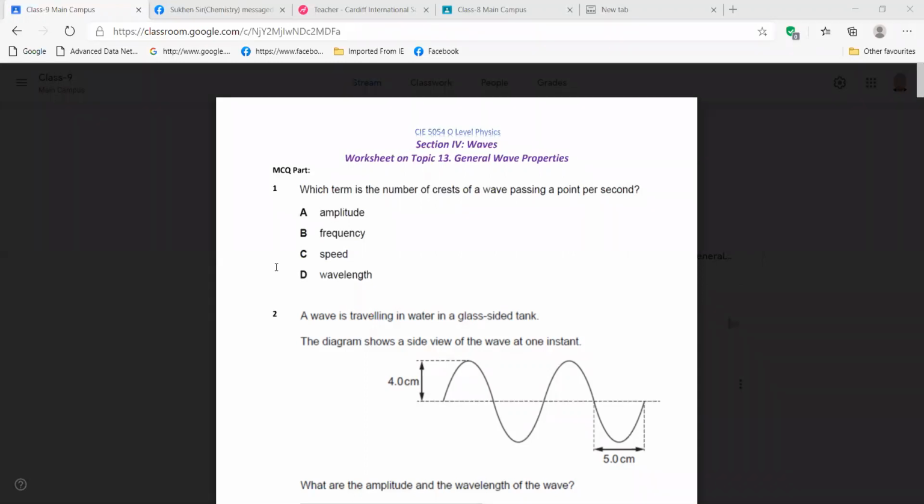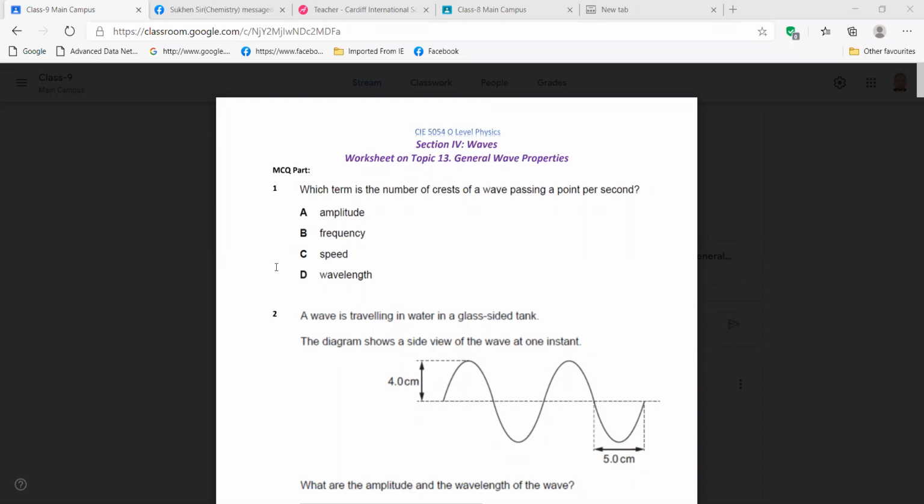So if crest is going, that means a wave is going, right? Yes, sir. So when you are getting per second, that means it's related to frequency. Yeah? In wavelength, we only got the distance, right? But if it is related to per second, then it is related to frequency.